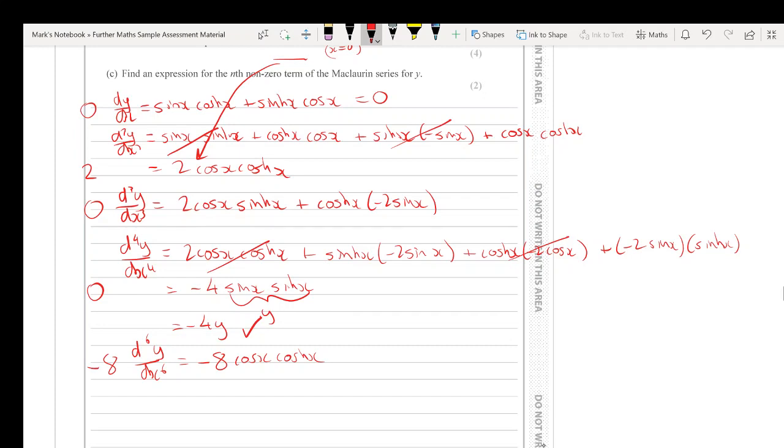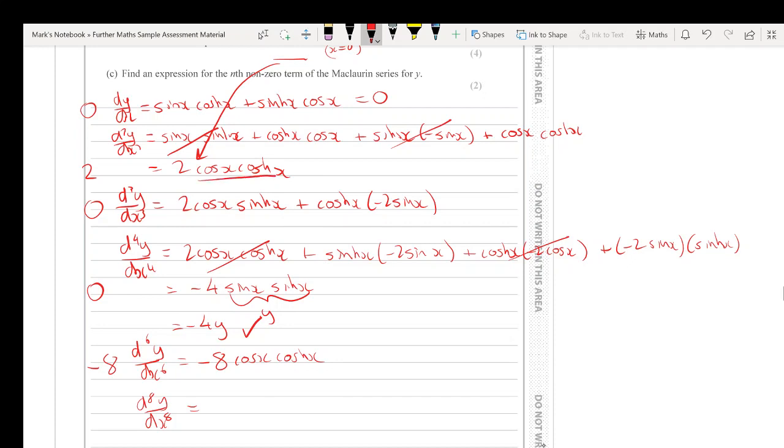And then we know that the 7 is just going to give us nothing because they're going to be mixtures. Then d8y by dx to the 8 will give us a sin x again. And when we go from sin x to cos x to sin x here, it's timesing by minus 2.